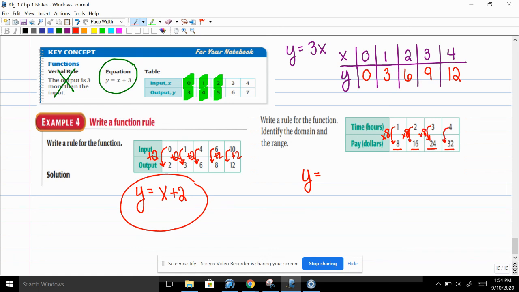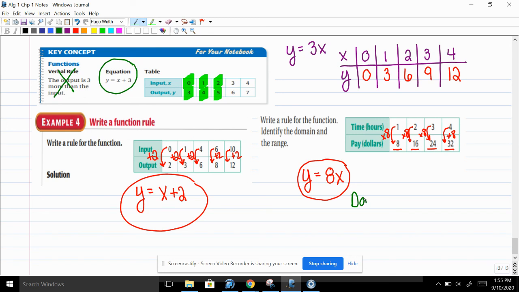And 4 times 8 is 32. So my rule is you're multiplying by 8. You're taking the x and you're multiplying it by 8. So the rule is y is equal to 8 times x. That would be the rule for that function.